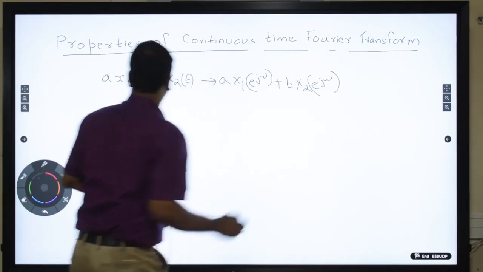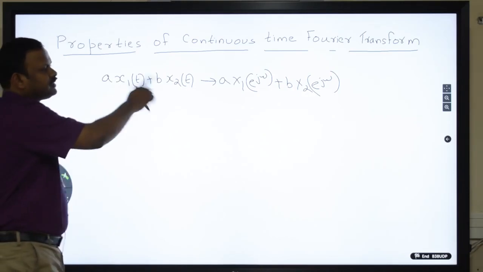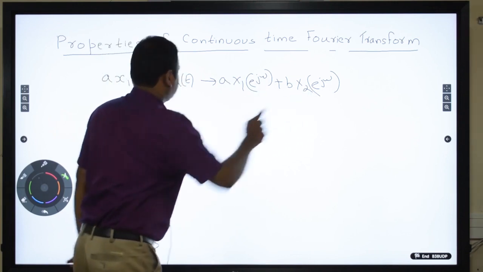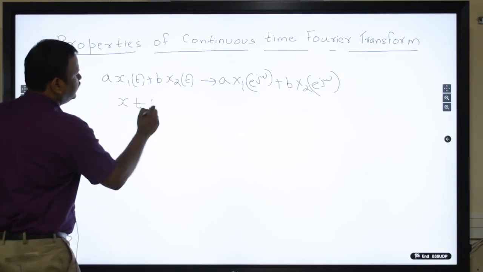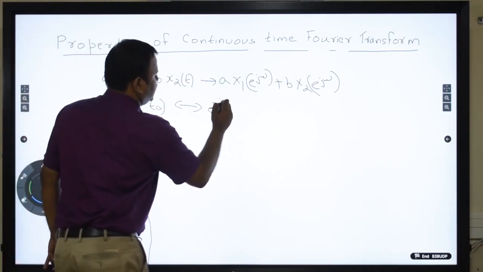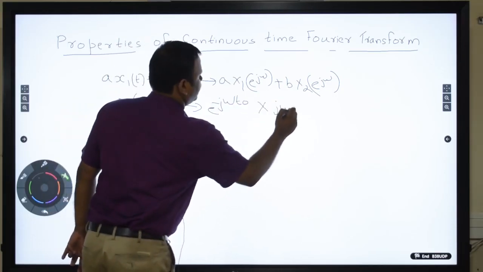In words, we can say that the Fourier transform of the weighted sum of two signals is equal to the sum of the respective Fourier transforms. Then we discussed the time shifting property, which is x(t minus t0) equal to e power minus j omega t0 X(j omega).